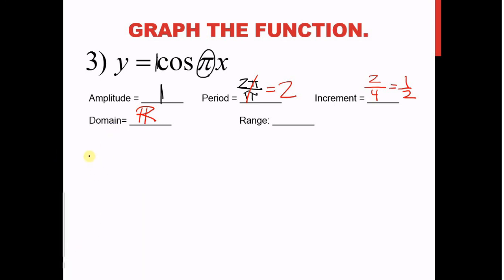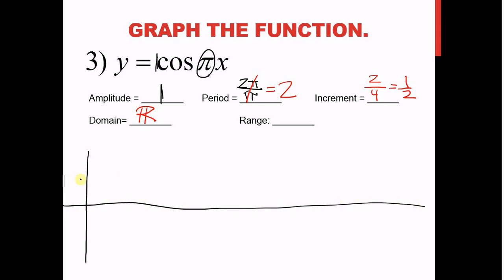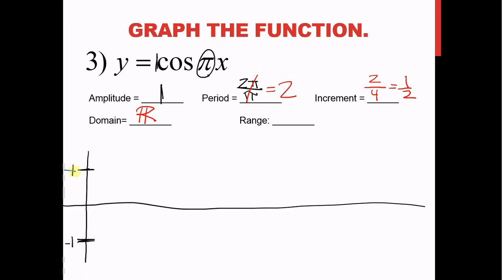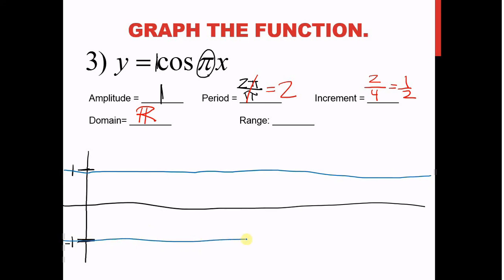Okay, let's make a graph here. Put in my amplitude, 1, -1. And again, just like last time, take my blue, because that's my amplitude color, and draw across. That way I know I'm not going to cross that line. Can't cross it, can't touch it.